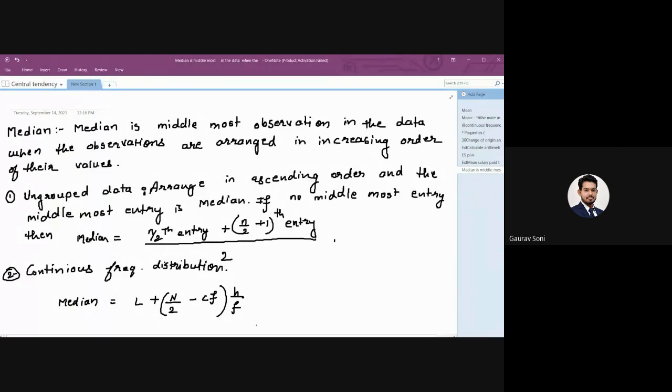This formula you have seen in your 12th standard, I guess.